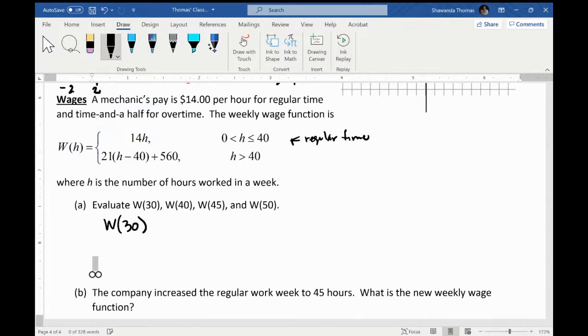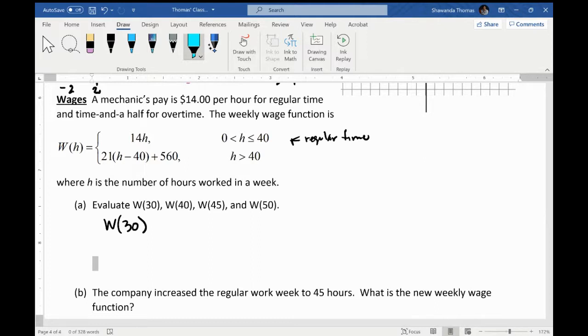Because we're going to plug it into the first piece. Why are we plugging it into the first piece only? Because it's less than 40. Yes, because it fits in this description right here. H is between 0 and less than or equal to 40. So 30 is in that inequality.